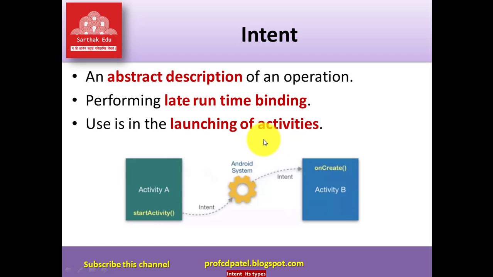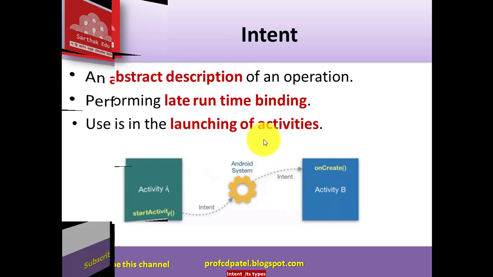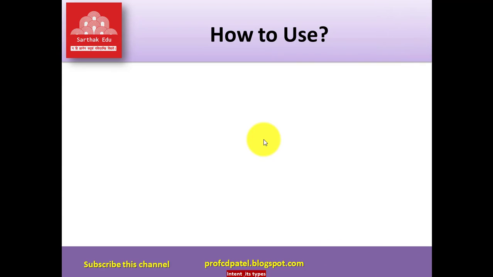So how can we create an intent in Android programming? The logical workflow of creating an intent has three main steps. The first step is create intent. We can create an intent using the class Intent and its object.